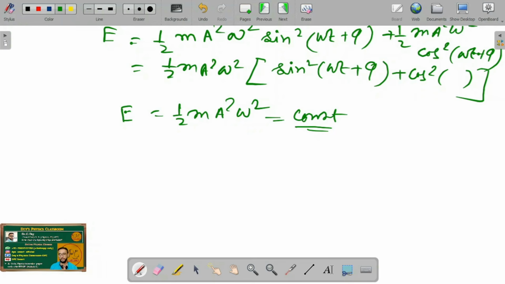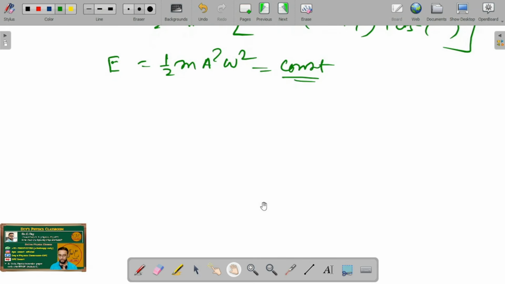This came as a question in a semester exam in a previous year. So this is the answer, how we can prove it. We may also be asked to draw the energy versus phase diagram for this simple harmonic motion or simple harmonic oscillator.